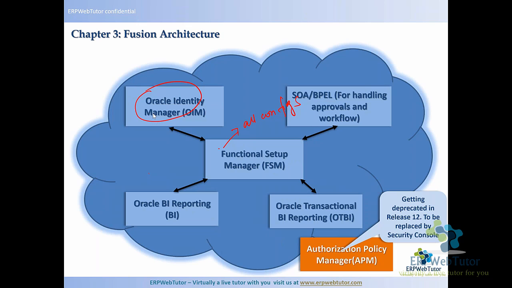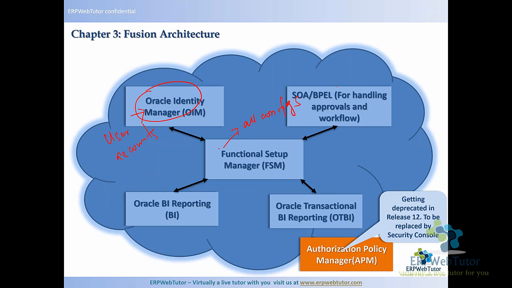Not just employee, that could be other user accounts as well. So this is where you're going to see all the user accounts maintained. Now in EBS, I don't know about PeopleSoft, everything was in that Oracle applications area itself. There was no separate place for storing the user accounts. So now we have this OIM area which actually stores the user accounts.